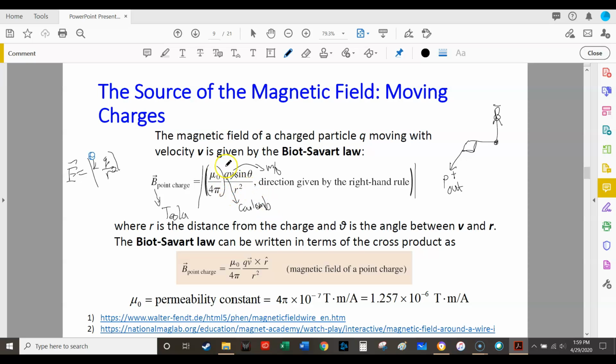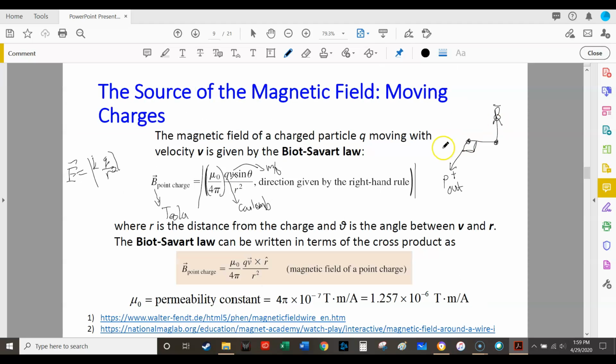Charge is moving over a period of time. So what we have here is a relationship for a magnetic field that is very similar to an electric field, right? Both of them are over a distance apart squared, right? So this is the distance r.